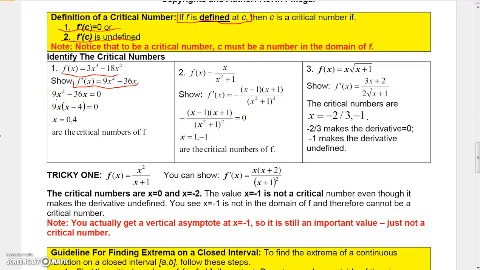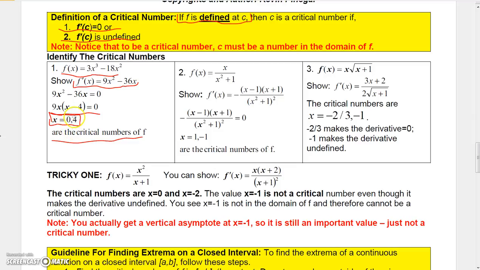All I have to do is set it equal to 0, factor it, and then solve this equation. When it's in factored form, you can see that if x is 0 or if x is 4, then the derivative would be 0. So those would be the critical numbers of that function.